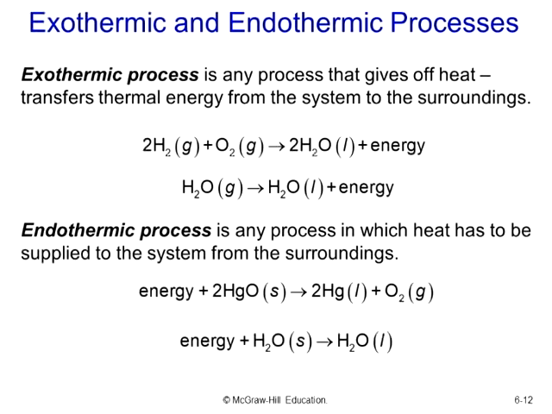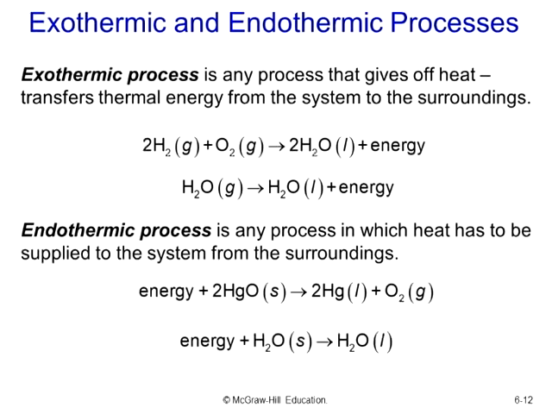It has negative energy. On the other hand, an endothermic process is any process in which heat has to be supplied to the system. The system needs to absorb energy from the surroundings in order to function. This is actually what happens in photosynthesis.